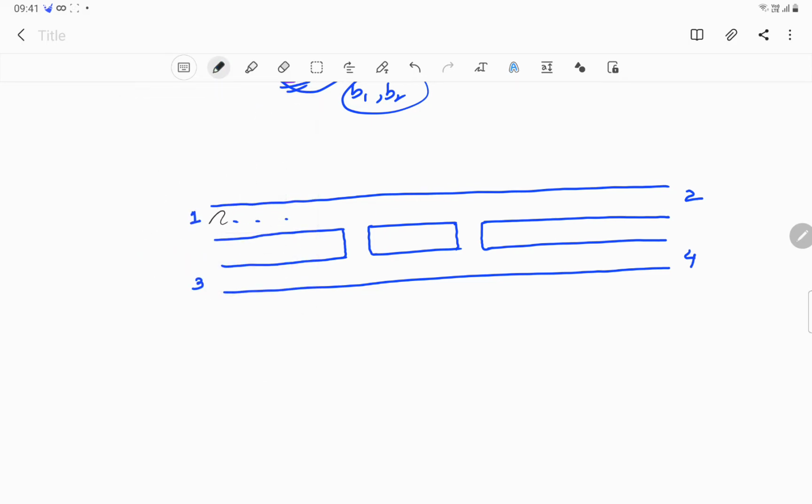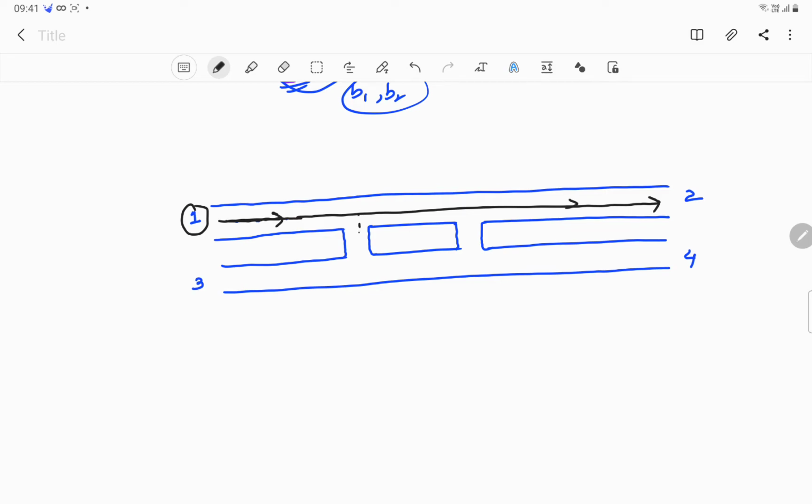So if I feed a signal at port 1, let me draw it with a black marker. So if this is the signal which is being fed at port 1, it flows to port 2 directly.